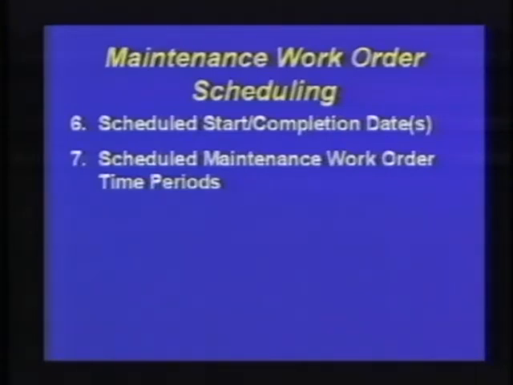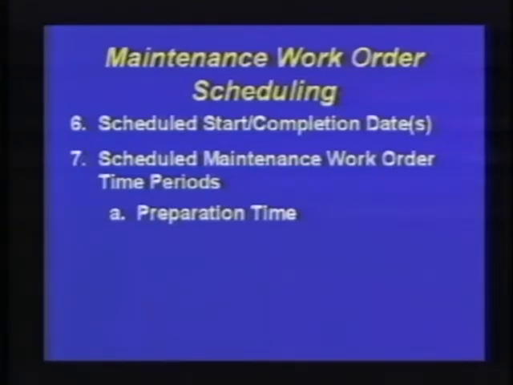Item 7 is to schedule the work order time elements, and the time elements are identified as preparation time. That's the time it takes the storeroom to get the parts, the tools, the equipment, and any other information that is a requirement to support the work order.